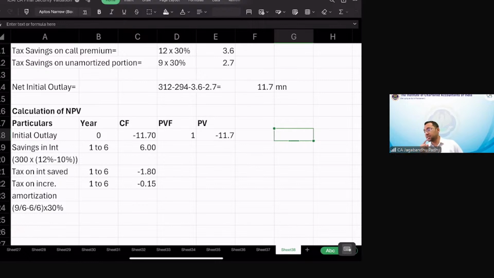So earlier the amortization claim was 1.5 million, now it is 1 million. So I need to pay a bit more tax in future, an extra tax payment of 0.15. And then we'll take the PV factor.